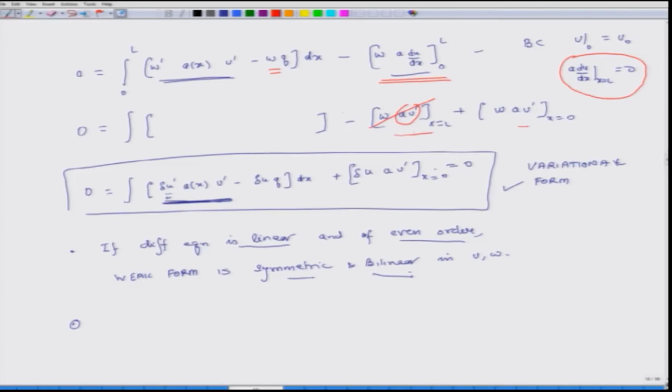So, this term is 0, right, and at x is equal to 0, u naught is specified. So, W will be 0 because it represents the variation, and because that thing is specified, then it is 0.